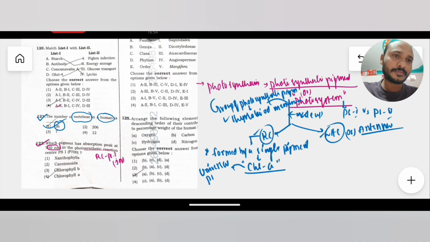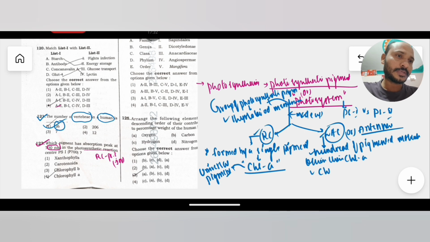Now coming to the LHC or antenna, let's see how it is made. The LHC, light harvesting complex or antenna, is made up of hundreds of pigment molecules other than chlorophyll A, like chlorophyll B, C, D or E, or carotenoid pigments.